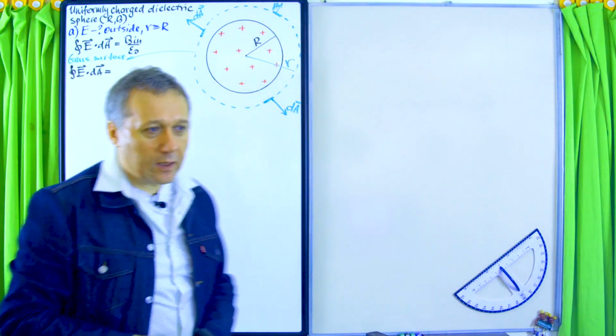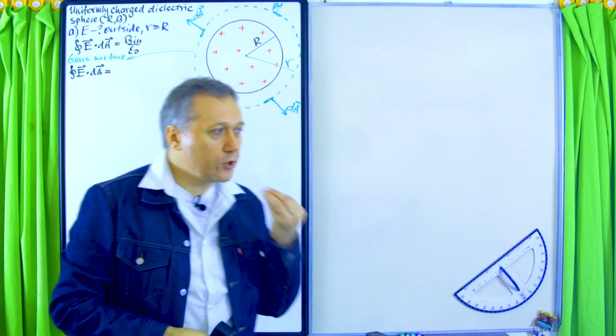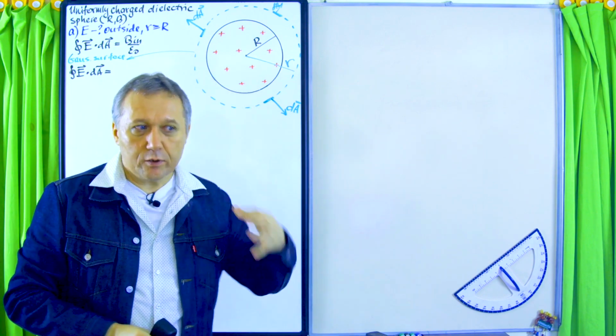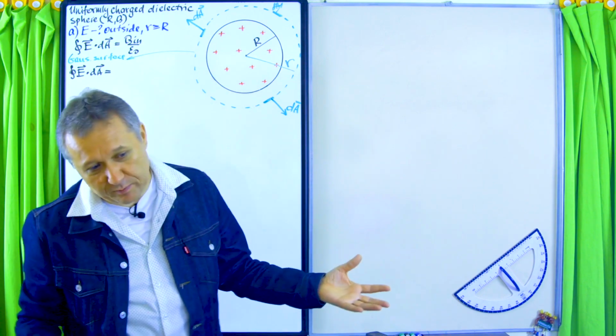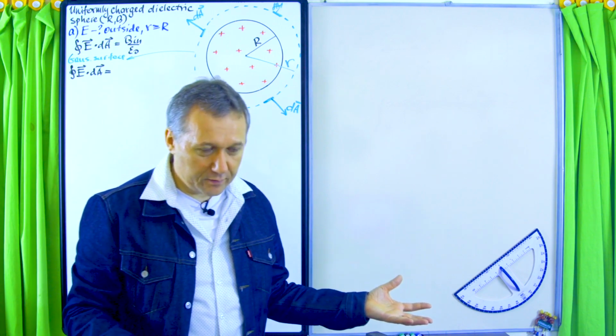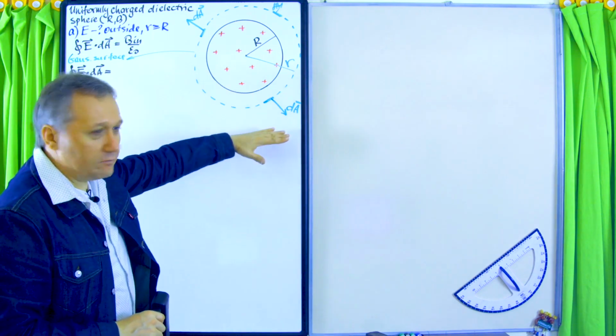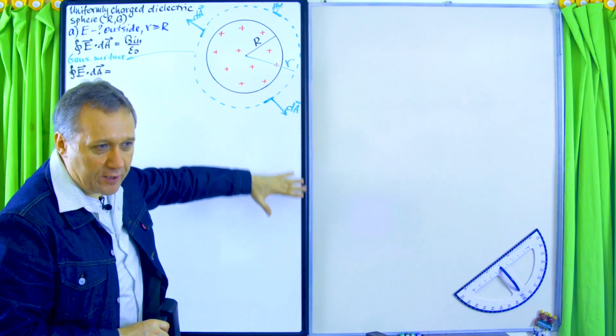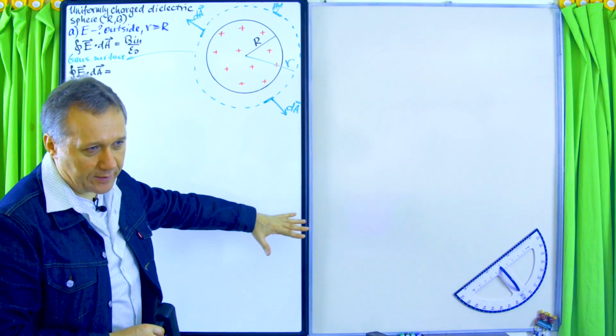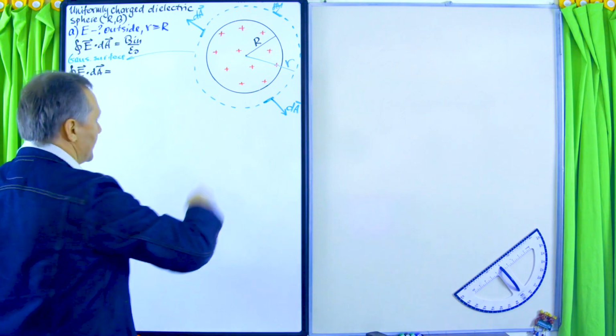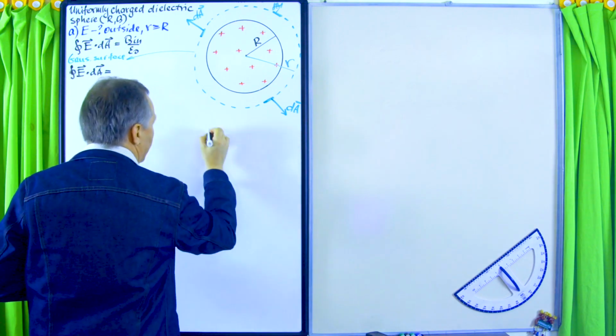I usually draw an additional picture to make it clearer, to justify it, which in my opinion is slightly better, not just with words. So let me now give you a small justification of the radial direction of the electric field. Let me draw an additional picture underneath.